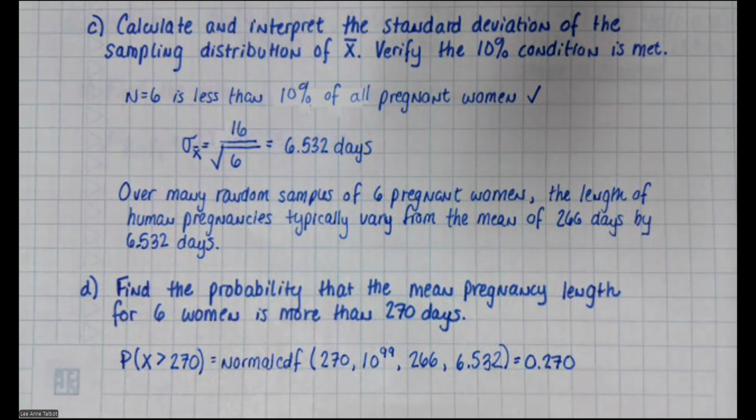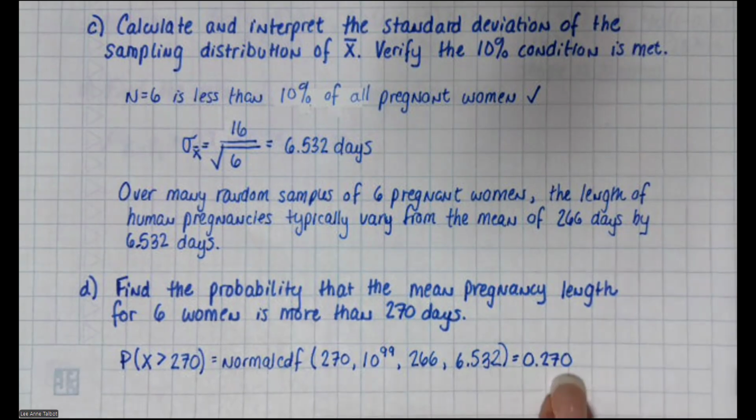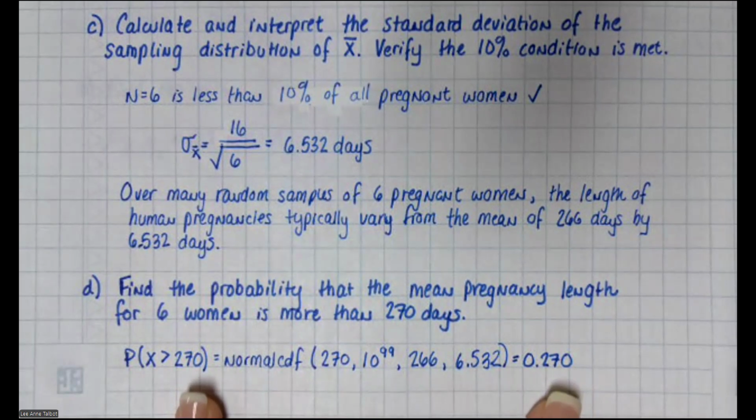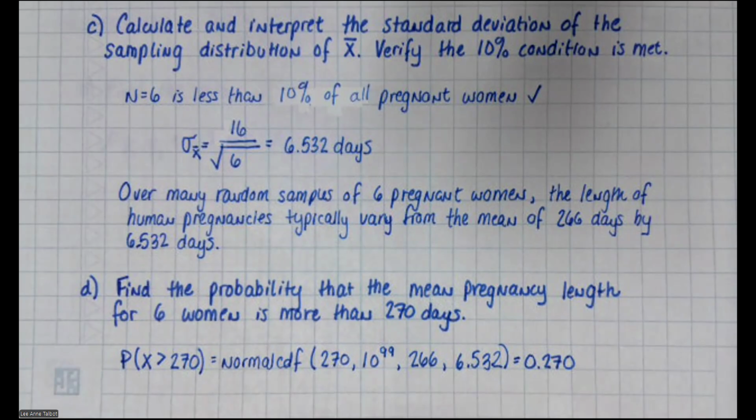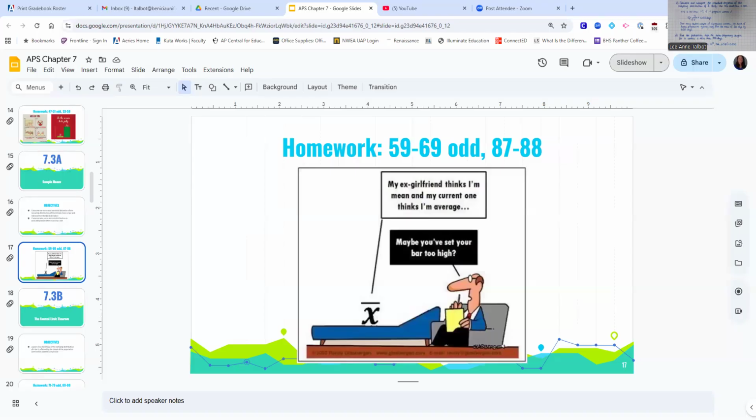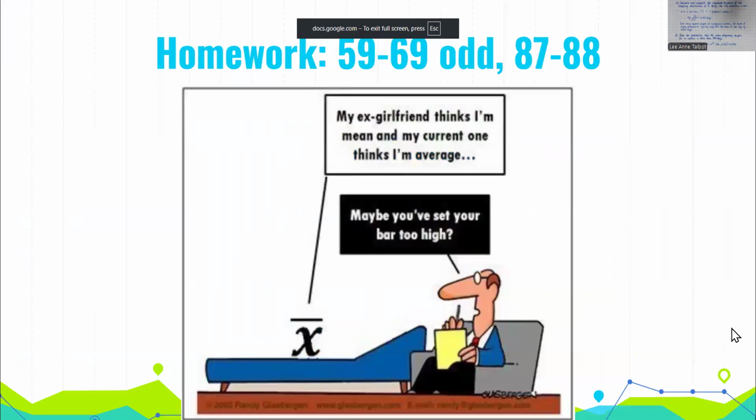Okay, let me show you my joke. It's great. I'm totally waiting. Oh, it's weird that that's the same as that. Okay, so X bar is at the therapist. He did the psychiatrist and he said, my ex-girlfriend thinks I'm mean and my current one thinks I'm average. And the therapist said, maybe you set your bar too high.